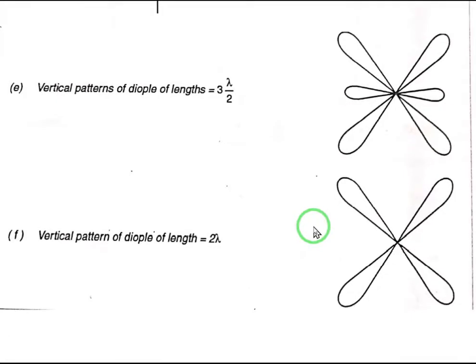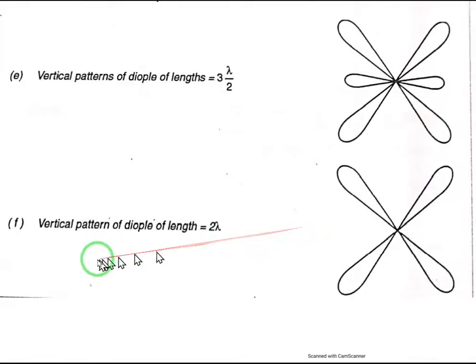Then, last but not least, the vertical pattern of a dipole of length 2 lambda. Consider a vertically polarized dipole that has a length of 2 lambda. The shape of that antenna should be like this.